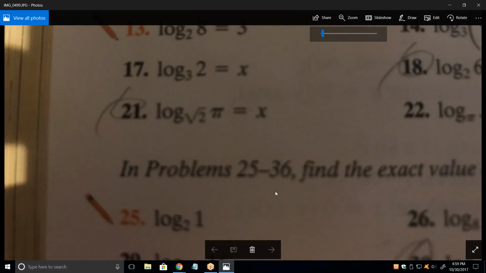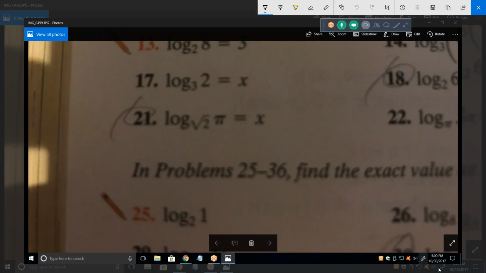Let's go over a few rules about that. First of all, the log base anything of 1 is always equal to 0. Always. In other words, the log base 17 of 1 is equal to 0. And why is that?